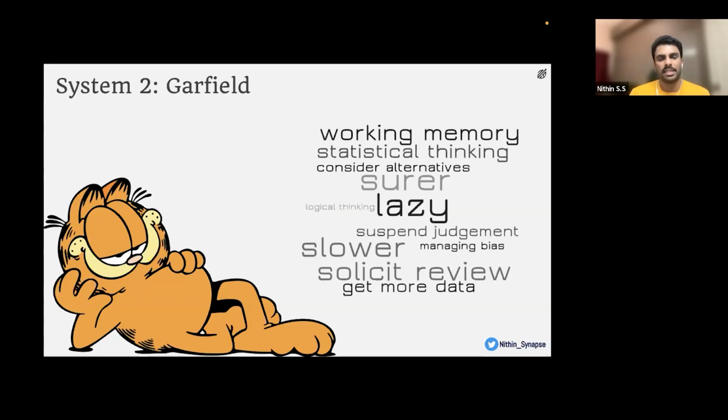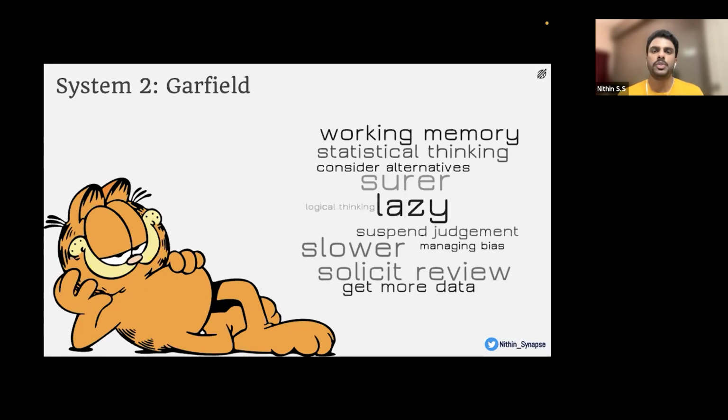If you are doing a mathematical problem, your System 2 will be working more compared to System 1, because solving a mathematical problem involves more effort to think, and it is executing a series of steps.